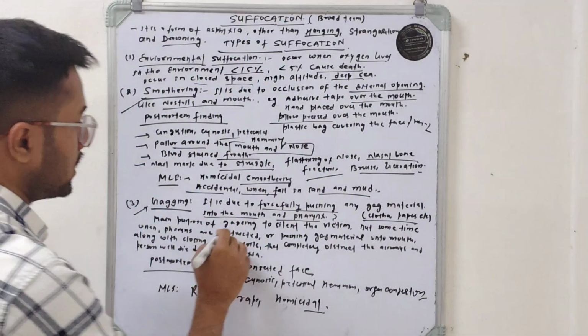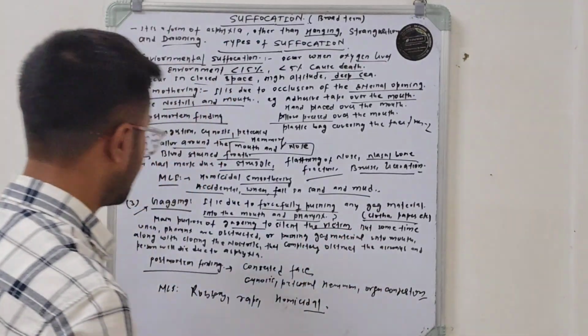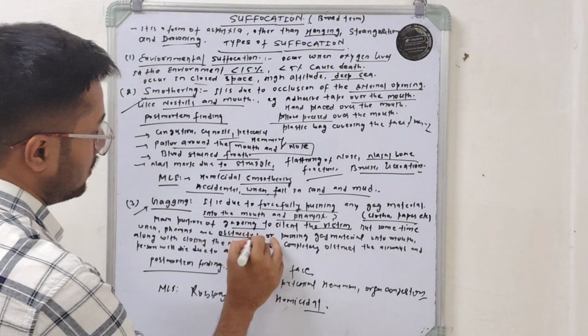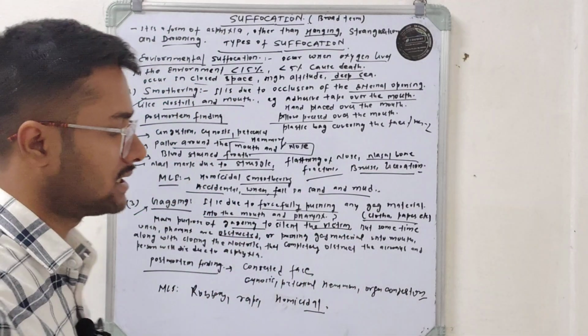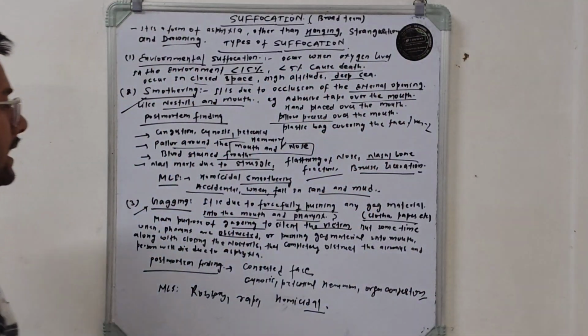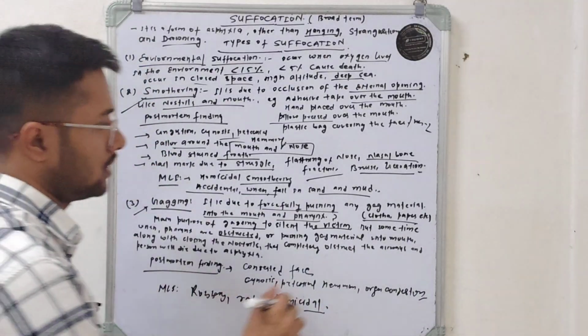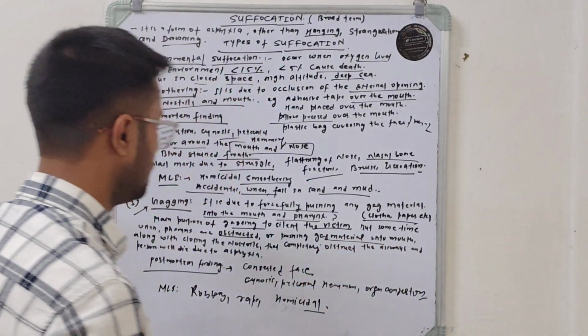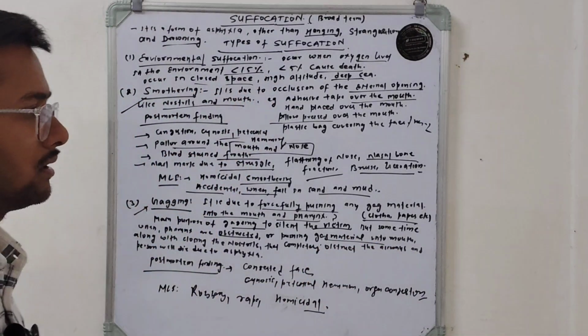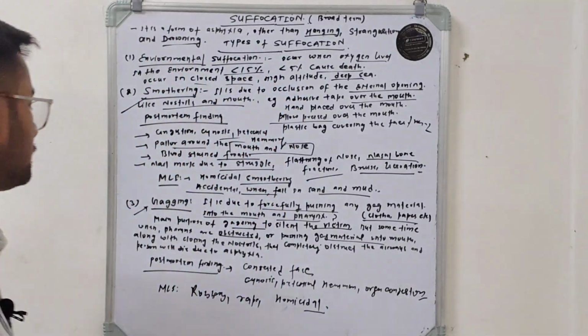The main purpose of gagging is obviously to silence the victim, but sometimes the pharynx is obstructed when the gag material is pushed deep into the mouth. Also, if the gag material is present in the mouth along with closing of the nostrils, in this condition also we block both the airways.